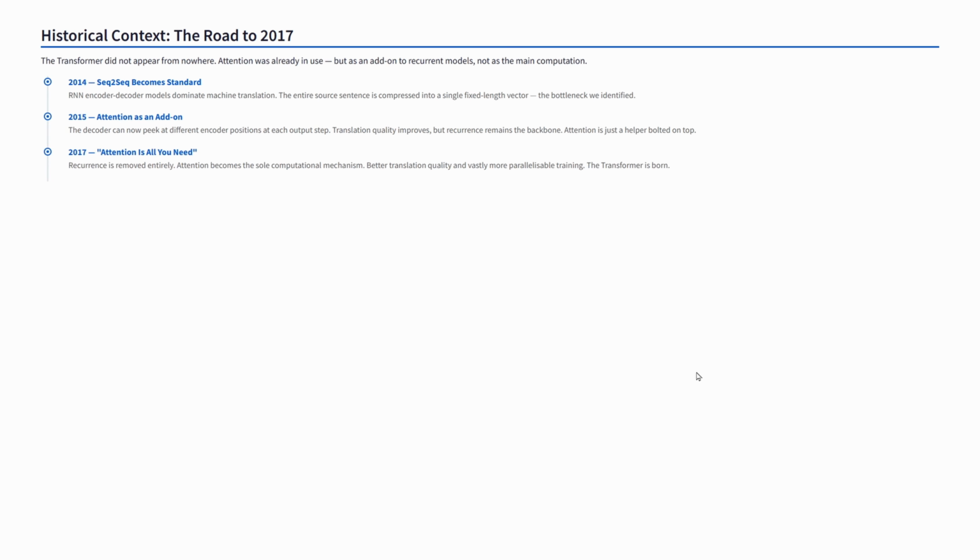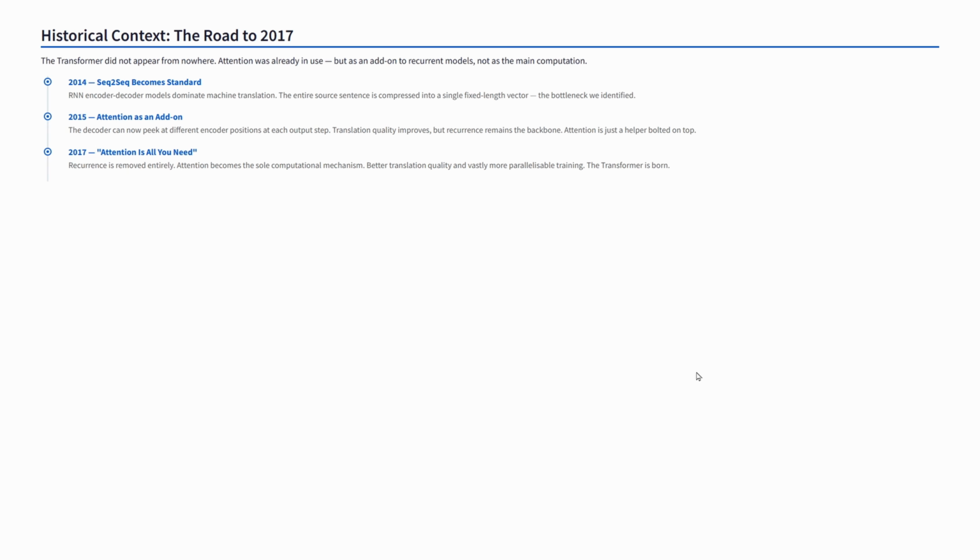Then in 2017 came the paper that changed everything. And we all know it, right? Attention Is All You Need. The key insight was simple but radical. What if we removed the recurrence entirely and made attention the sole computational mechanism? No more sequential processing, no more information passing through a chain, just direct token-to-token interaction computed in parallel.